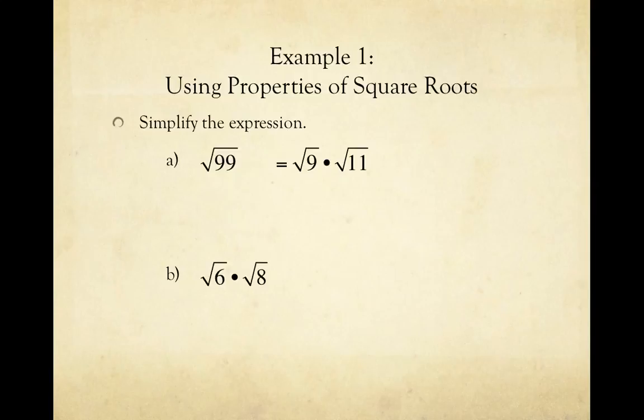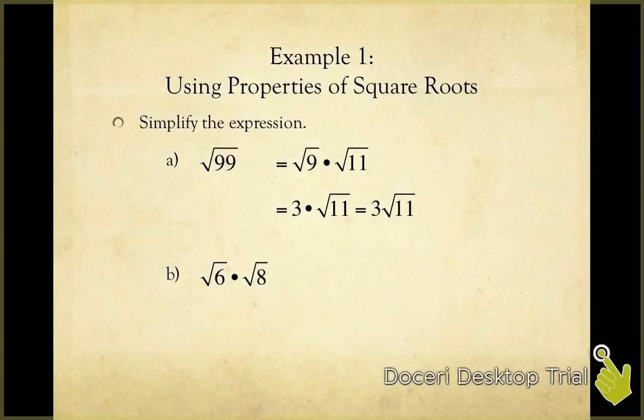Now, because 9 is a perfect square, when we take the square root of it, that turns into 3. Notice that only the square root of 9 became the number 3. The square root of 11 has stayed the square root of 11.